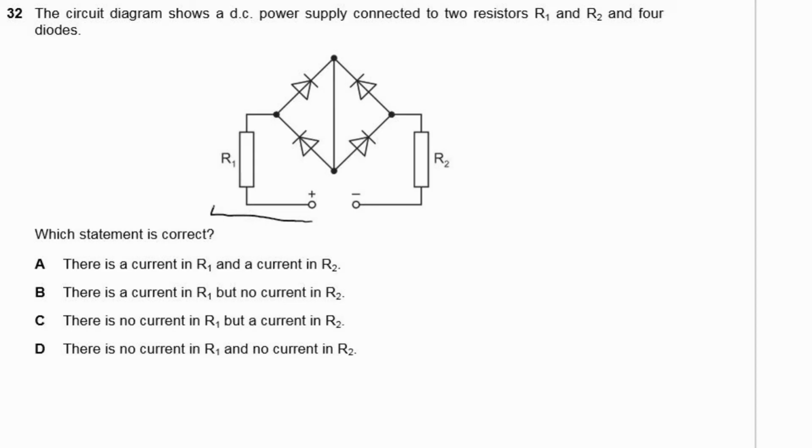It's not changing, so we don't worry about it coming backwards. Travels up here, up this bit, cannot go down to the right, so it's going to come down here, travels up there, travels down and along and back. Okay, so that's good. It's going to work, and you're going to get a current in R1 and a current in R2. The answer is A.